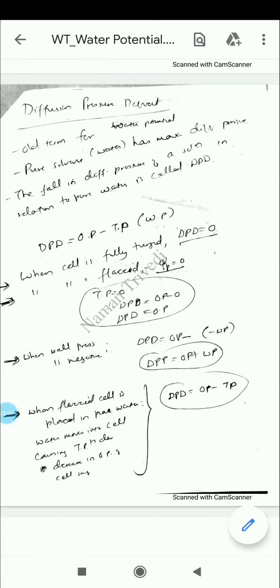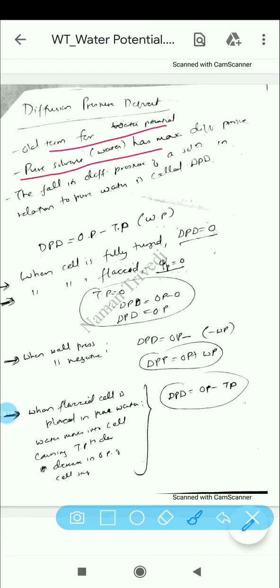It is basically the old term for water potential. Earlier, in physics and chemistry, DPD was the term used to explain water movement from the roots to the tip of a leaf and so on. Now, pure solvent or water has maximum diffusion pressure.